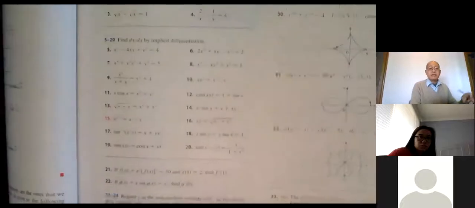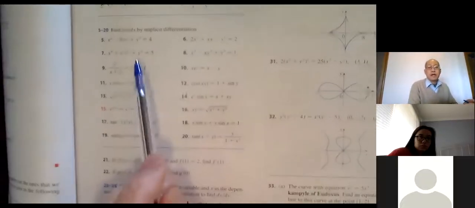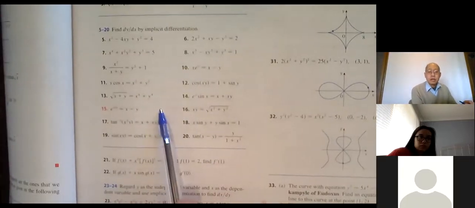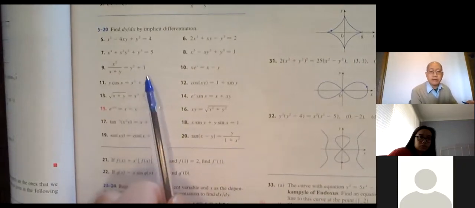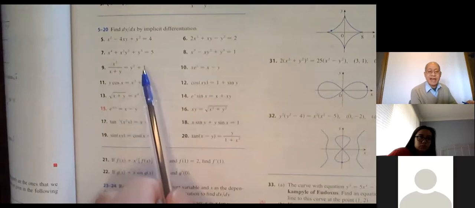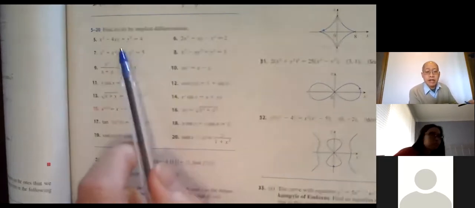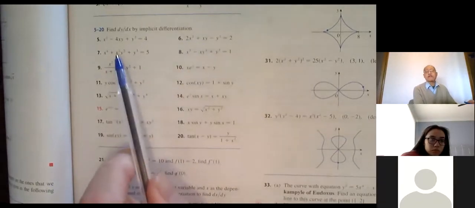Anyway, implicit differentiation. Look at the kind of equations they give us. You have x and y all mixed up. Before, it was always y equals a function of x, or y equals f of x, or different letters: s is a function of t, p is a function of q, or whatever. But here you've got x's and y's all mixed together. You say, why don't you just solve for y?